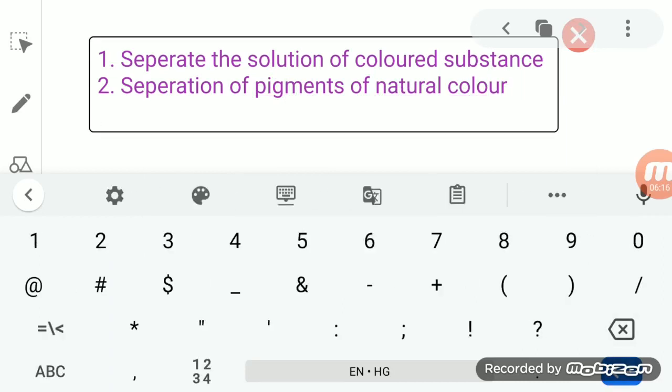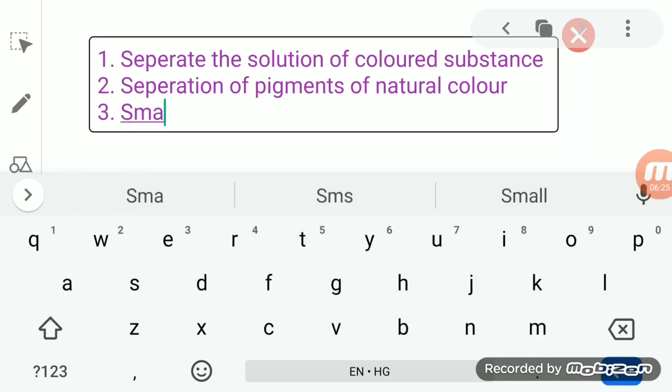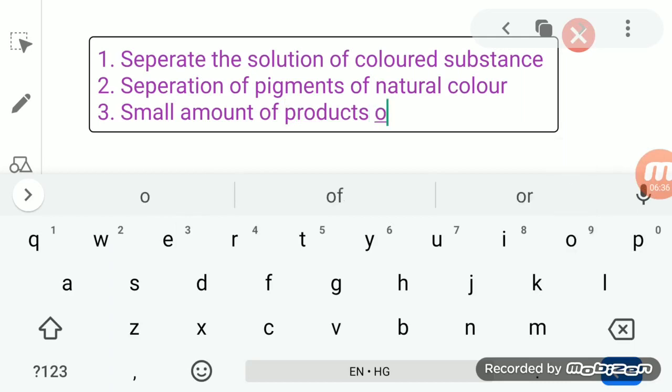Then the third one is that it is used to separate a small amount of a product of a chemical reaction. So it is also useful in separating the small amount of a product which is formed due to a chemical reaction.